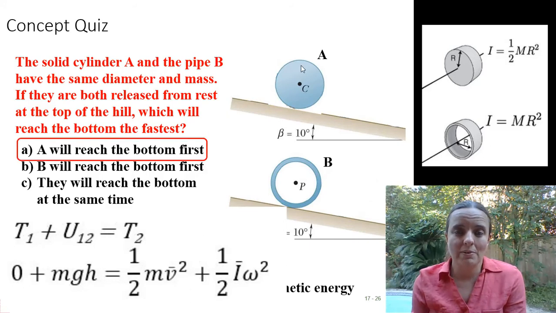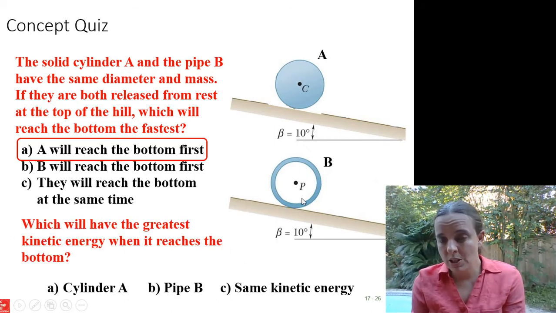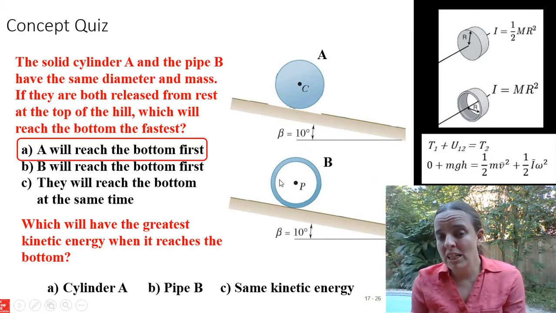So here we go. A will reach the bottom first because A is easier to rotate. Easy to rotate, a small moment of inertia, means that more of that energy is going into the 1/2 m v squared instead of getting sucked into the 1/2 I omega squared. So larger inertia means more energy to rotate it, more energy sucked into rotational motion. They both have the same amount of energy at the end.